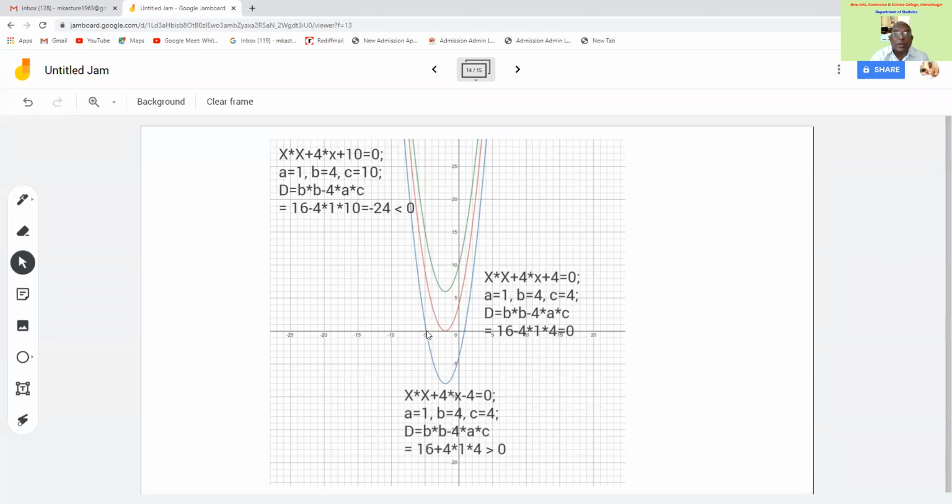So this is one real root here, here it is another real root. So discriminant greater than 0 indicates your curve will intersect x-axis at 2 points and those intersecting points will be the solution. Let us see this red type of curve.